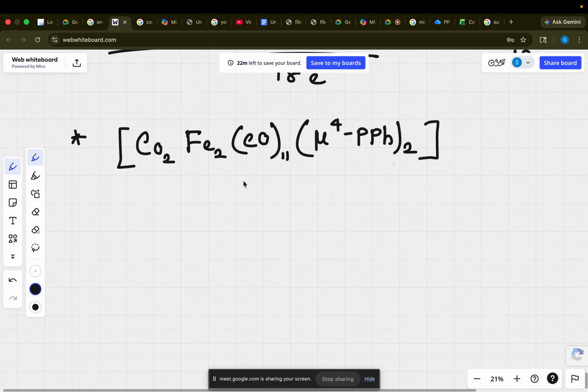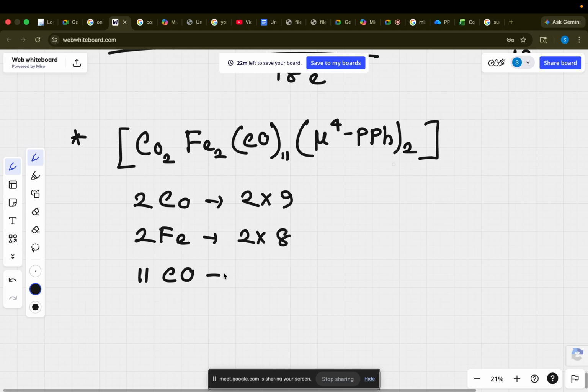Here you have 2 cobalt centers. So if you have 2 cobalt centers, how many electrons will you get? 18 electrons, 2 into 9. For 2 iron centers, 16 electrons, 2 into 8. You have 11 CO.